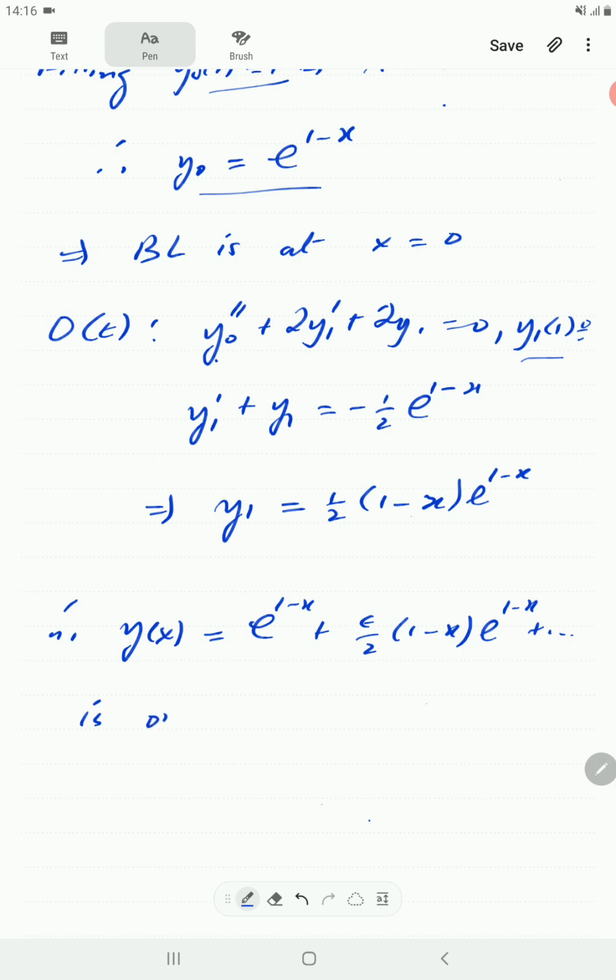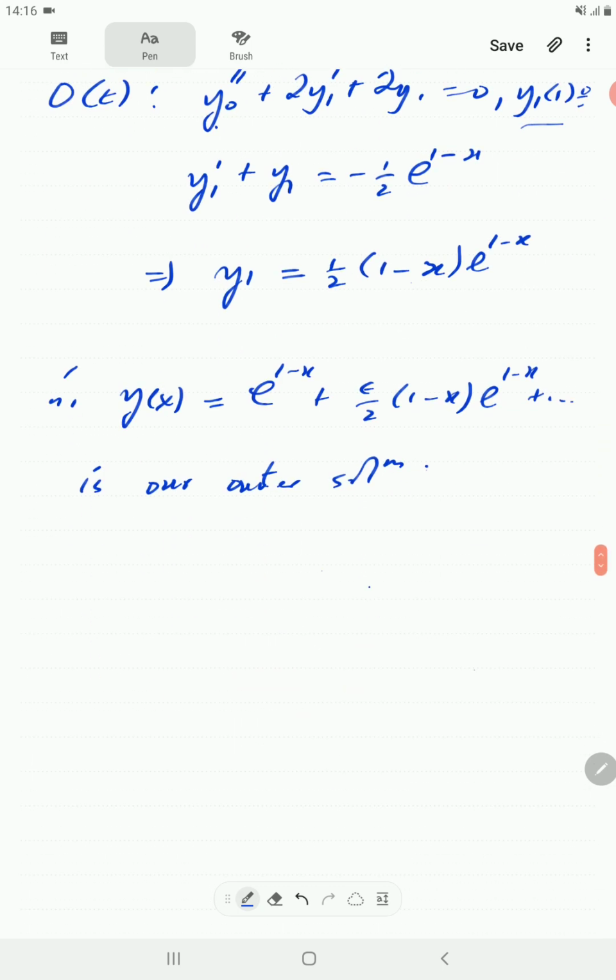So this is our outer solution. Then next we turn to the inner region, which is in the vicinity of x equal to 0.